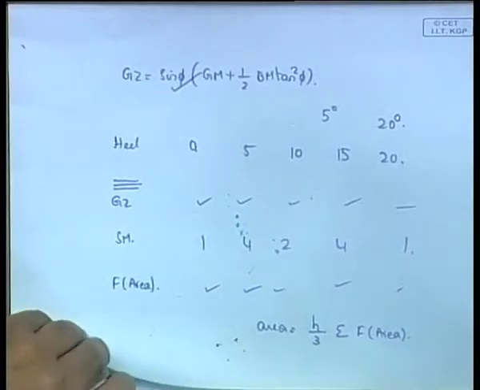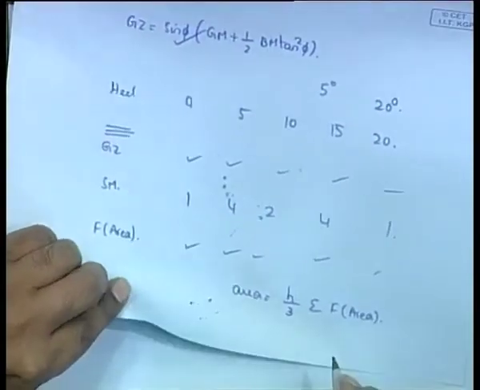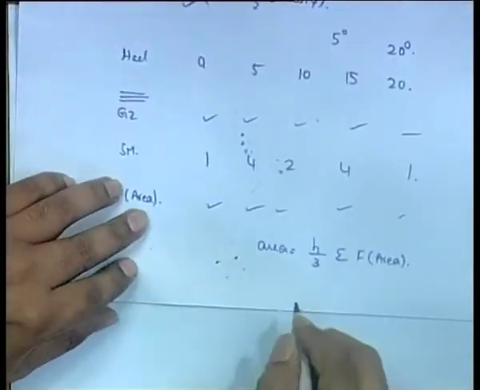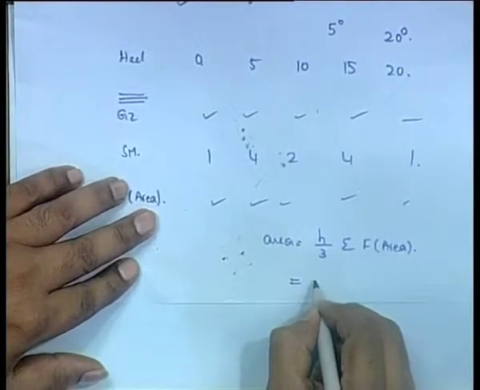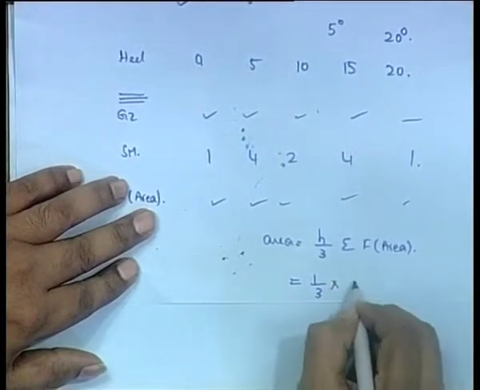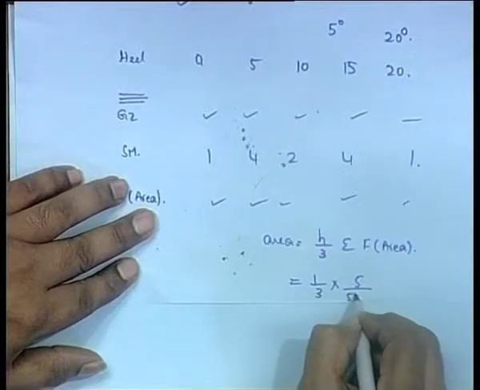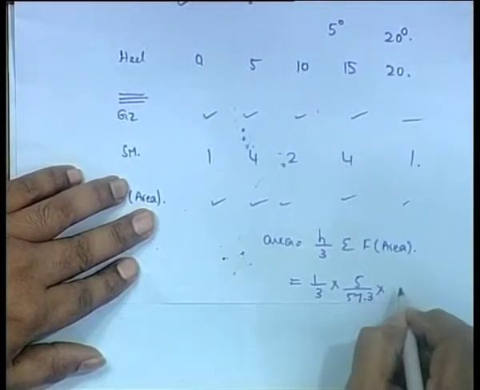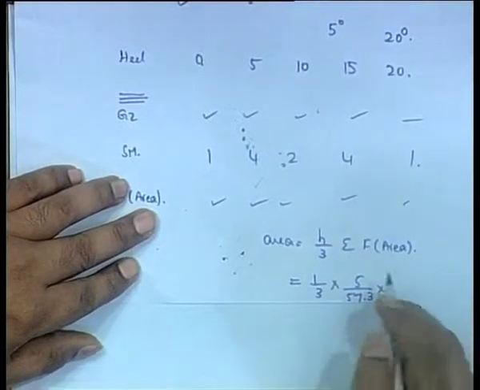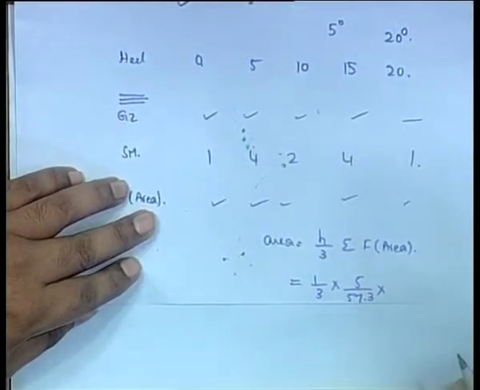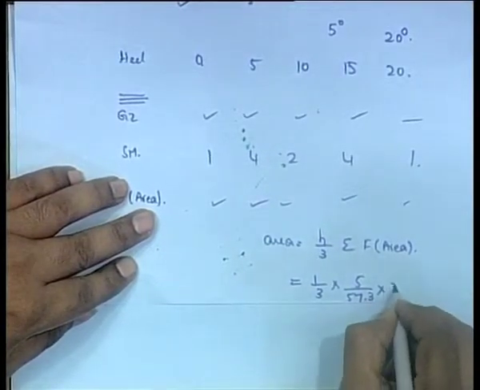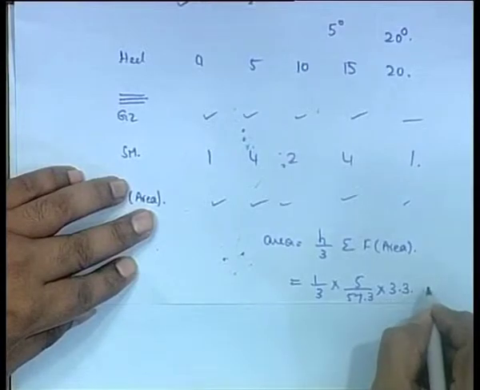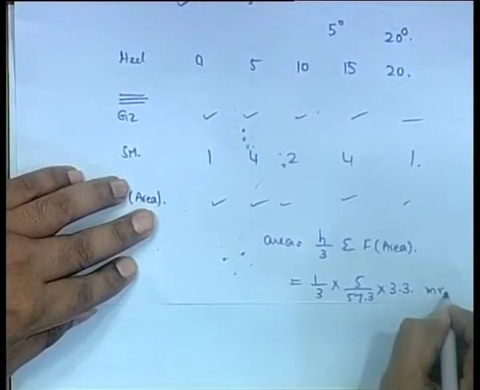Therefore, this is equal to 1 by 3 into 5 by 57.3 into all these things, 5 degrees. So 5 by 57.3 radians into function of area, whatever it becomes, so many meter radians you will get. Okay.